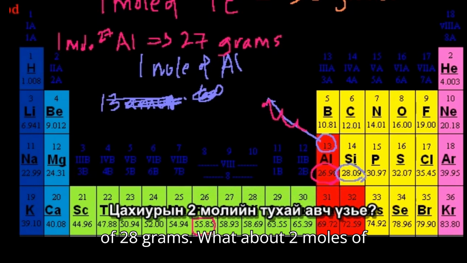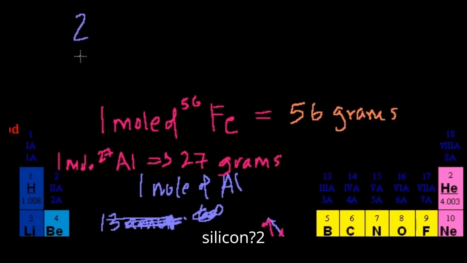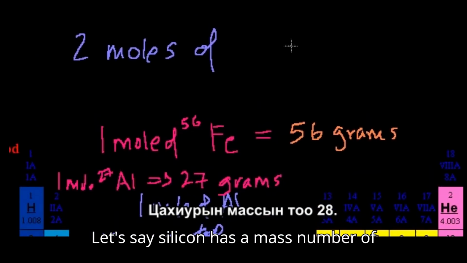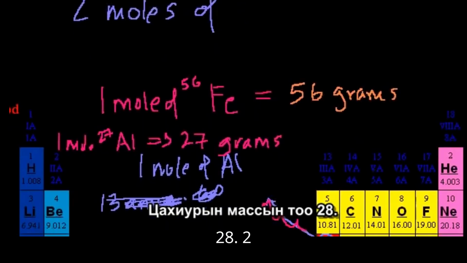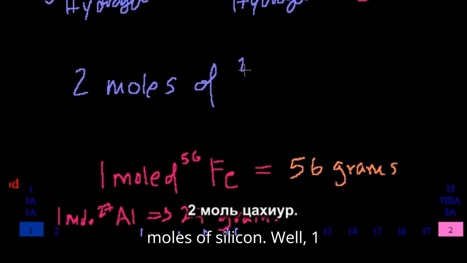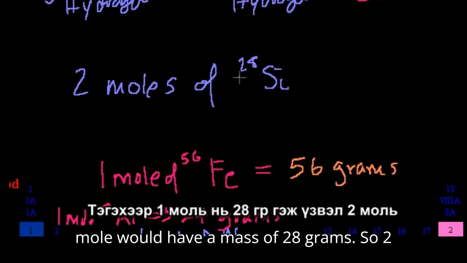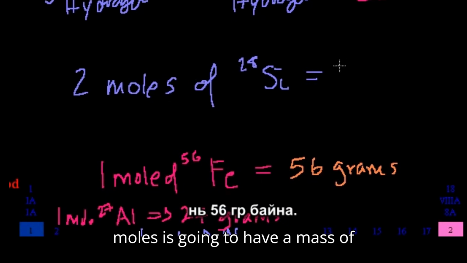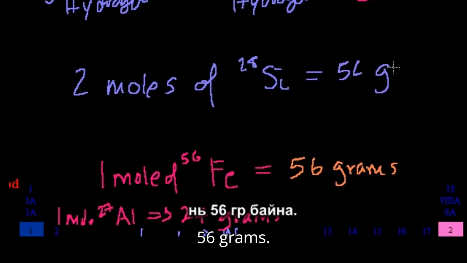What about 2 moles of silicon? Let's say silicon has a mass number of 28. 2 moles of silicon. Well, 1 mole would have a mass of 28 grams, so 2 moles is going to have a mass of 56 grams.